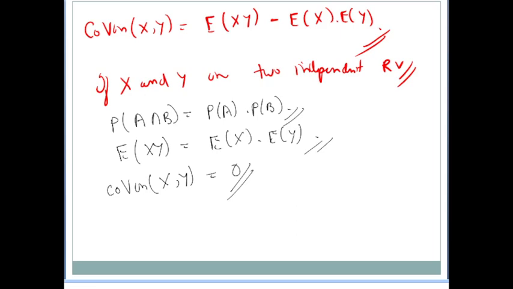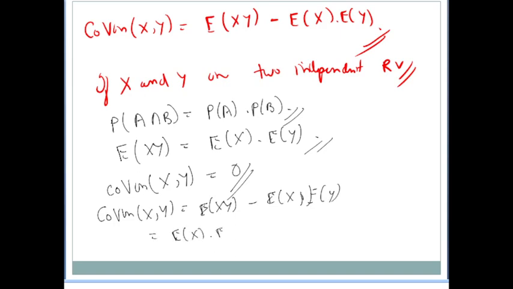Hence we can say that the covariance of x comma y will be equal to 0. This is because we know that covariance of x comma y is the expected value of xy minus the expected value of x times the expected value of y. So here this will be the expected value of x times the expected value of y minus the expected value of x times the expected value of y.